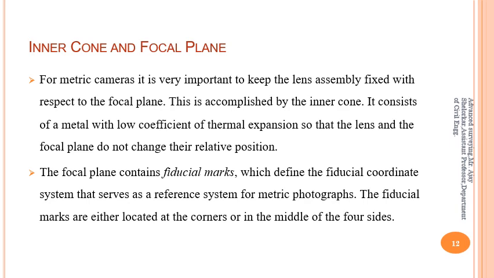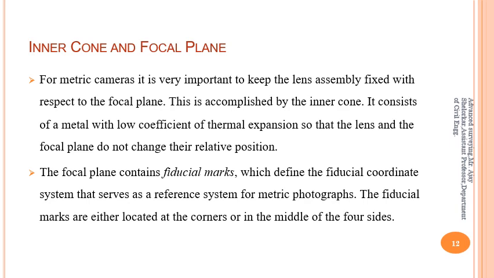For a metric camera, it is very important to keep the lens assembly fixed with respect to the focal plane. This is accomplished by the inner cone. It consists of a metal with a low coefficient of thermal expansion so that the lens and the focal plane do not change their relative position.